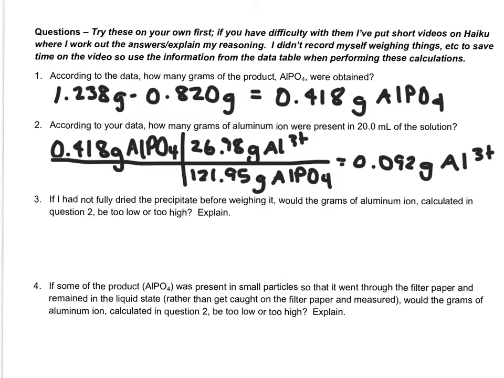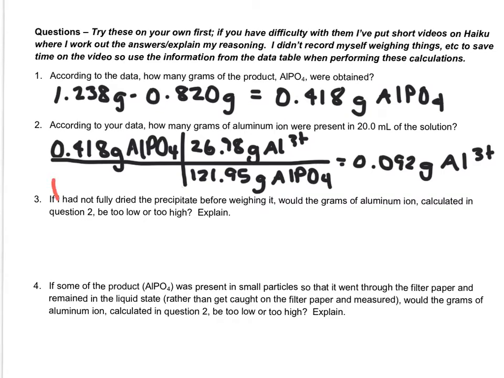Okay, this is the way I chose to work this out. I said that if I know how many grams of aluminum phosphate I made, I can look at the ratio by mass of the mass of aluminum in aluminum phosphate, and I multiplied to get to that. There is another way to go.